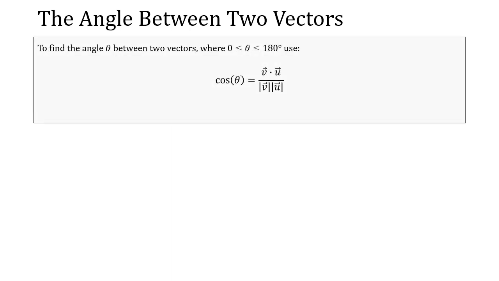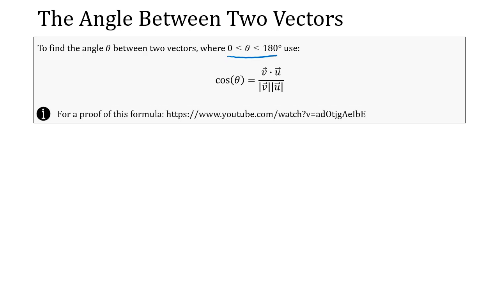So we say that to find the angle theta between two vectors, where theta is between 0 and 180 degrees, we can use the formula where the cosine of that angle is equal to, up in the numerator, the dot product of the two vectors, and in the denominator, the magnitude of each of those vectors being multiplied.